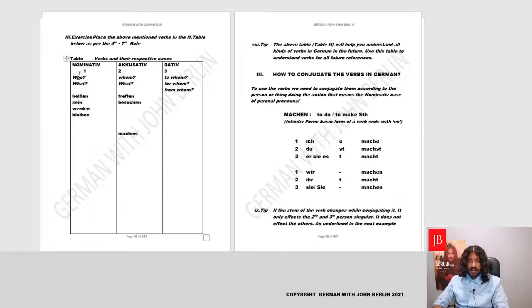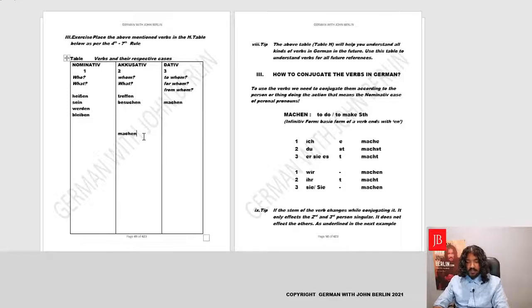In that case, it'll become who makes what for whom. And the verb will also be written under dative. That means I can write here machen. So if you look at it, this is a nominative verb, these are 2 accusative verbs, and this is an accusative dative verb. I wrote it in both the places.